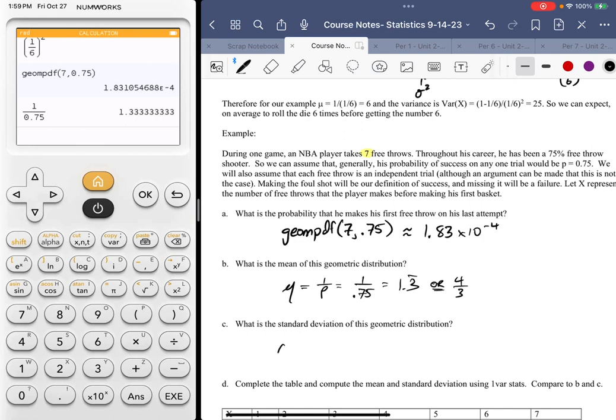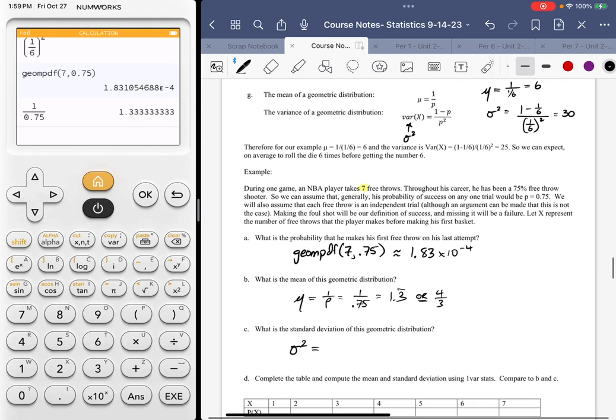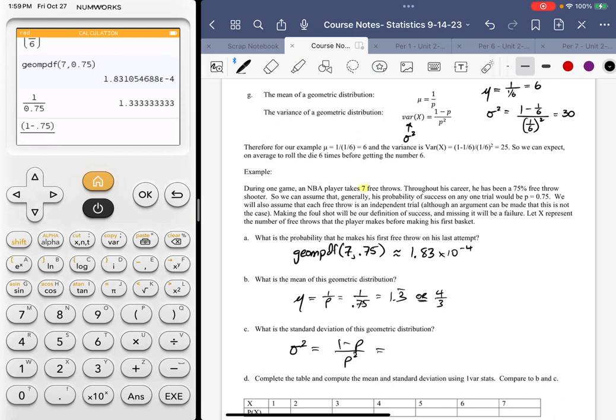Standard deviation. So variance is, that's this formula, 1 minus p over p squared. So we're going to do 1 minus 0.75 divided by 0.75 squared. All right.